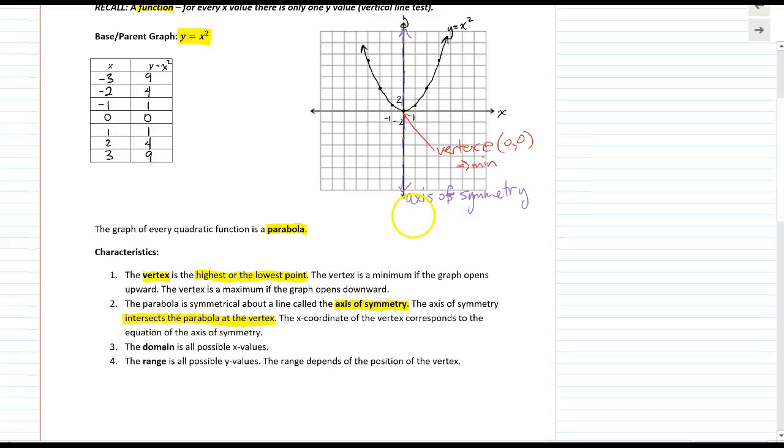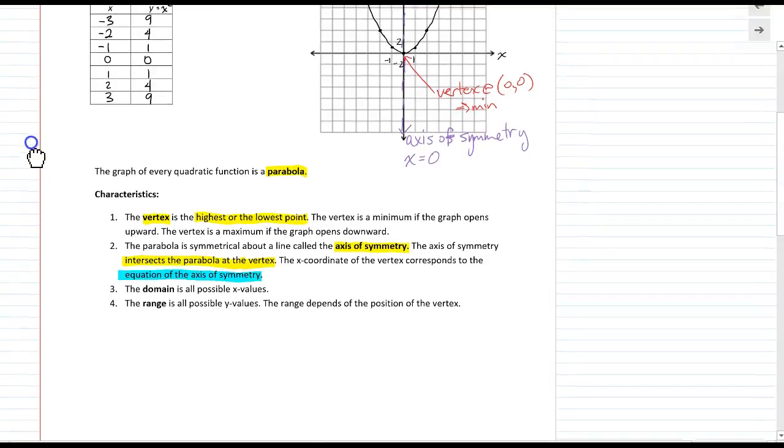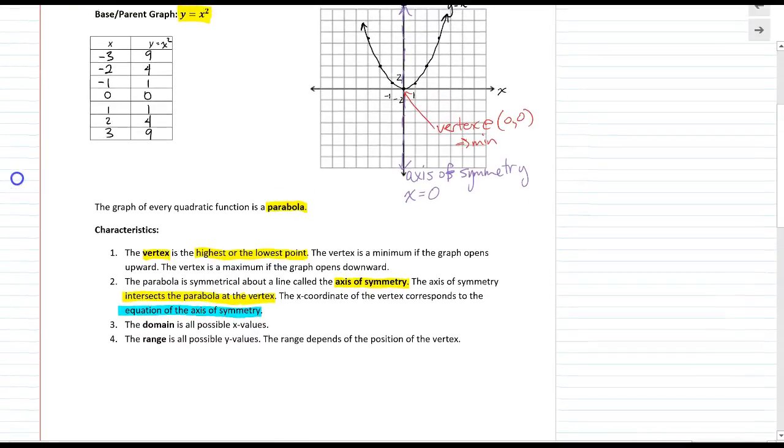In this particular one, it is when my vertex is going through 0, so x equals 0. Always write an equation as your axis of symmetry. That's a big one. Some people just like to write the x value, but they forget the fact that it's an equation.